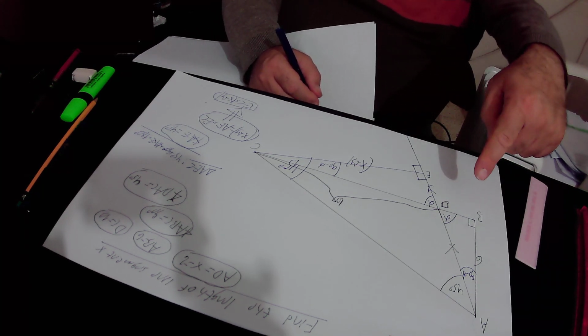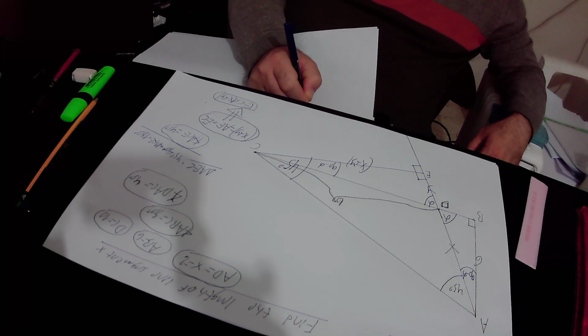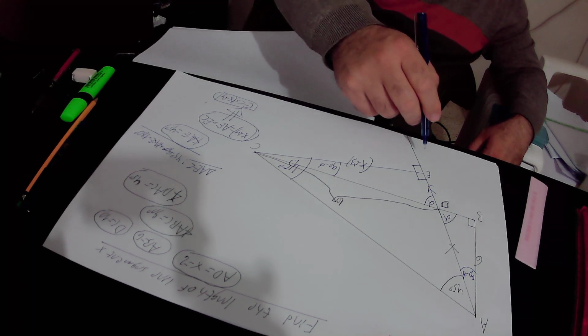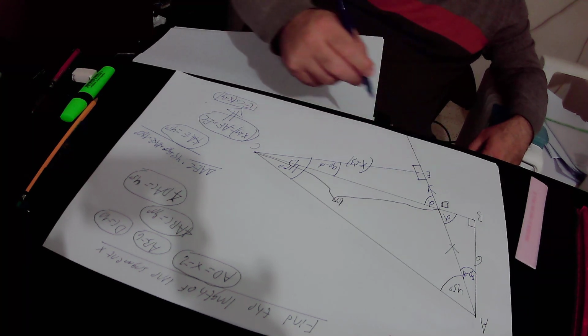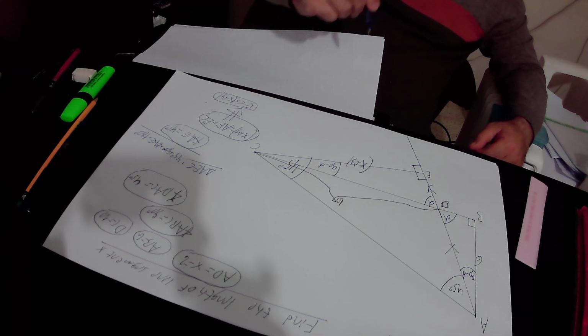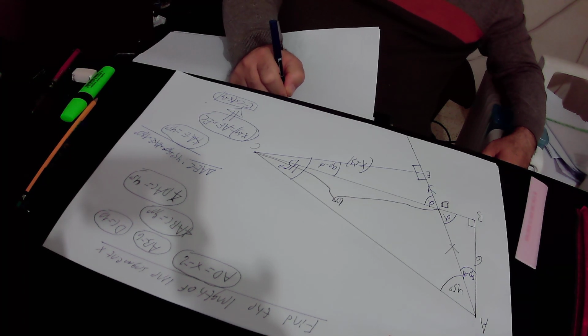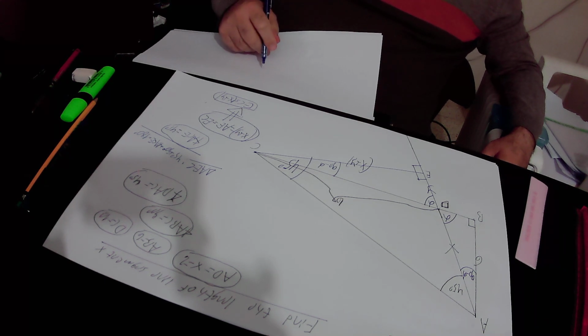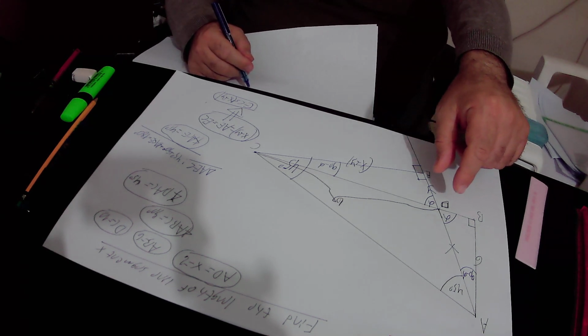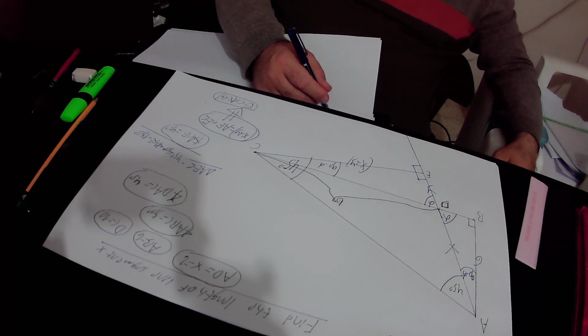So here angle ABD is equal to angle EDC, this angle. Those angles are equal to each other according to the rule that vertex angles are equal to each other.